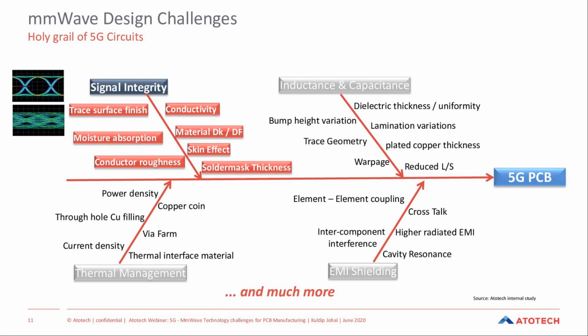So if I focus on signal integrity, as I mentioned, signal integrity is one of those hot topics, not only for the smartphone industry, but pretty much for many high frequency, high speed circuits. And it's really been a hot topic over the last, say, 2 years or so.